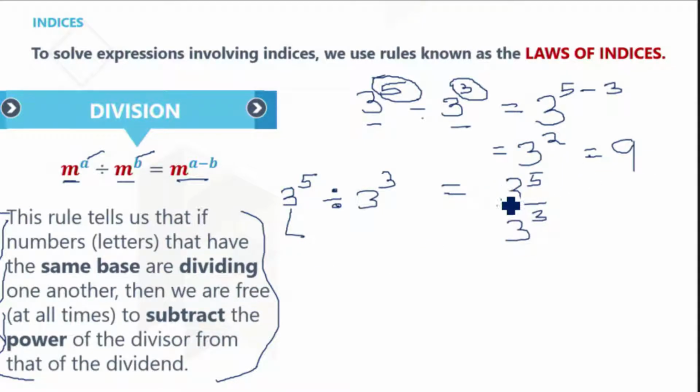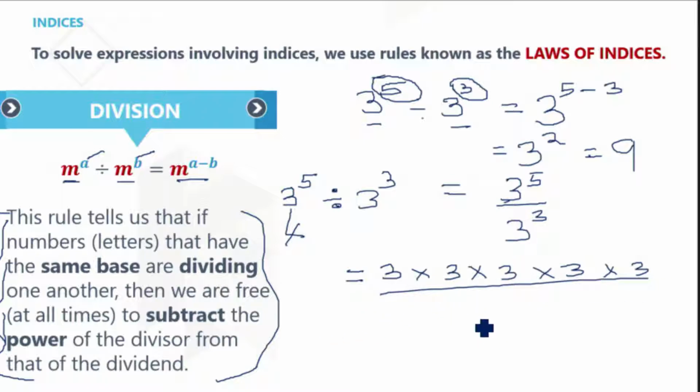Expressing these, we have 3 times 3 up to 5 times, over 3 times 3 up to 3 times.